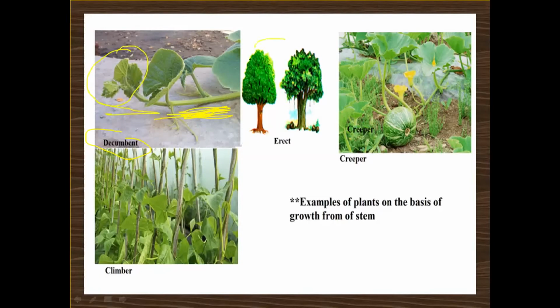This is the erect plant. You can see the tree, at a right angle to the ground level. This is the creeper, which creeps on the ground. The next one is the climber. The climbers climb a support with the help of special structures, which may be thorns or tendrils.